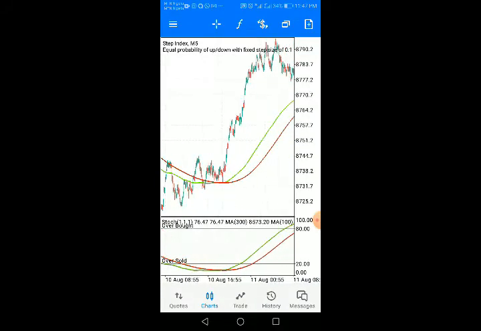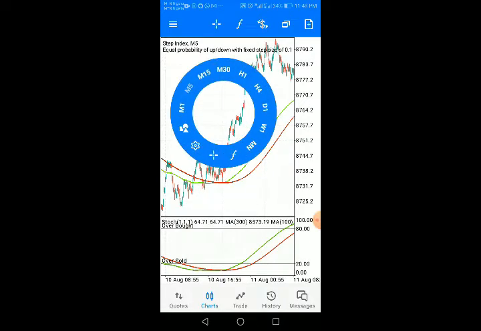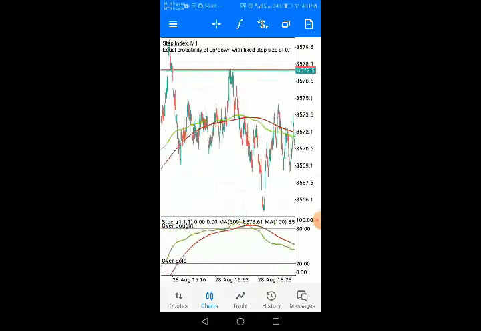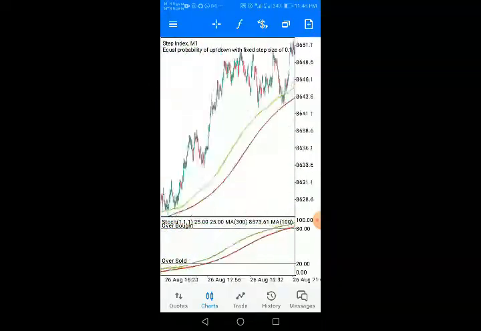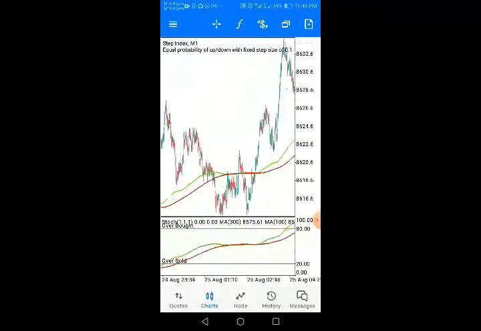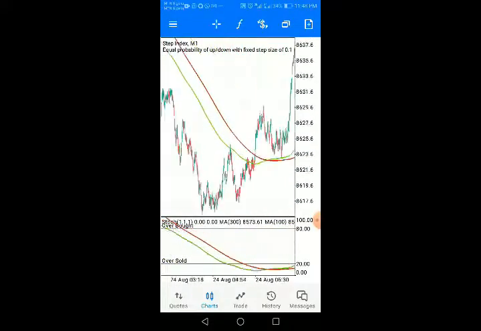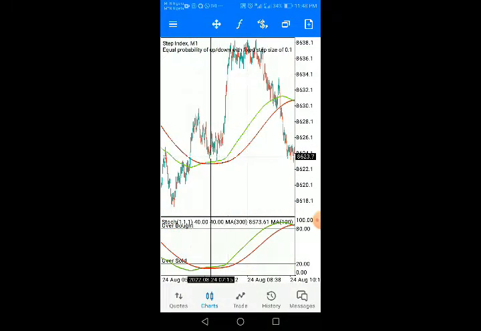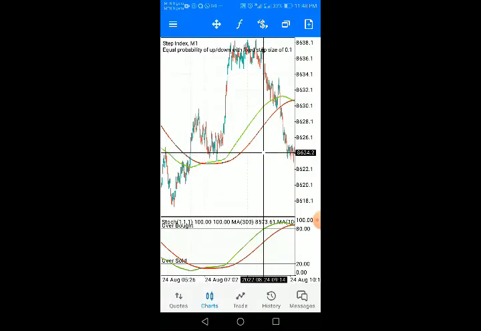You understand? Like step index and volatility, the way they move is different from the way boom and crash move. So we're checking 1 minute on step index right now. So you can see it. If you had entered here, you would have exited somewhere around here. You understand?